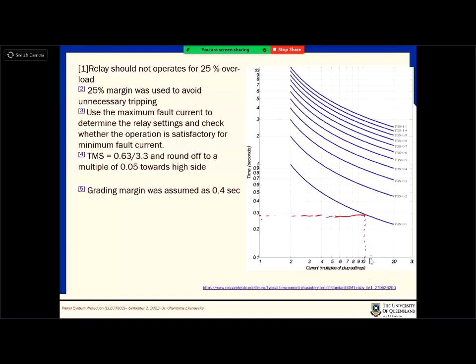When we consider the operating time, it's better to consider the higher side, because when we design something, we design it for 0.3, not 0.29. That means if it is 0.29, the system can still survive those faults, because you are designing it for 0.3.